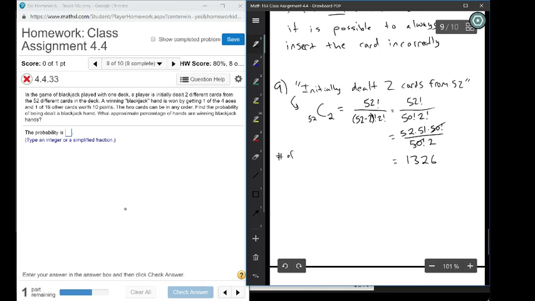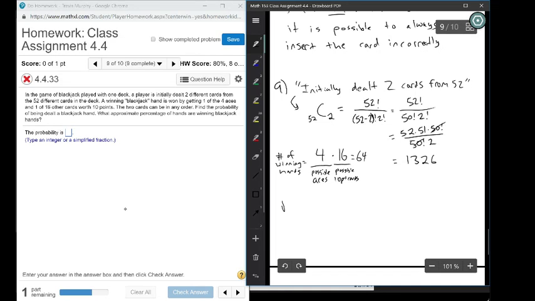So the number of winning hands is equal to possible aces, which would be 4, times possible 10-point cards, which would be 16. So the number of possible winning hands is 4 times 16, or 64.